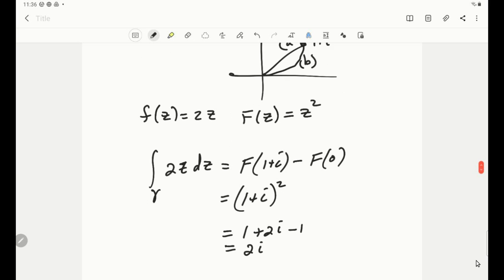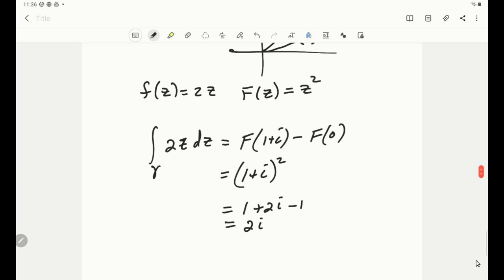According to the fundamental theorem for these holomorphic functions, I should get 2i.